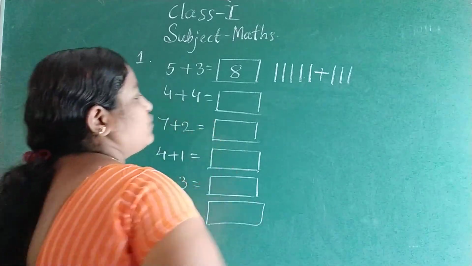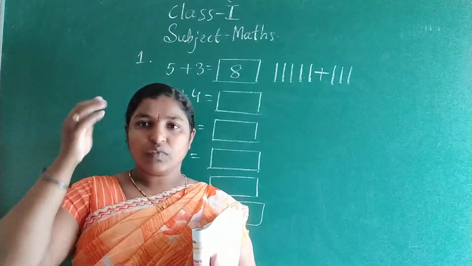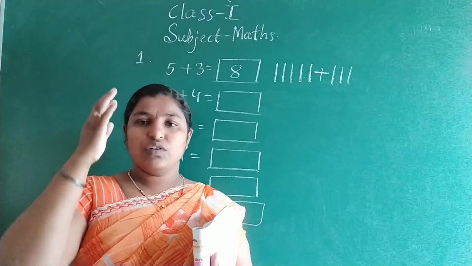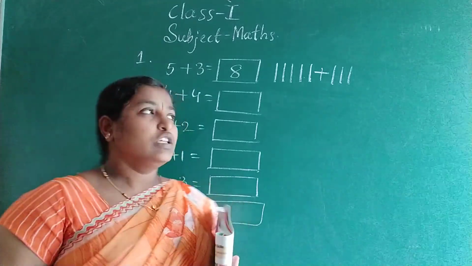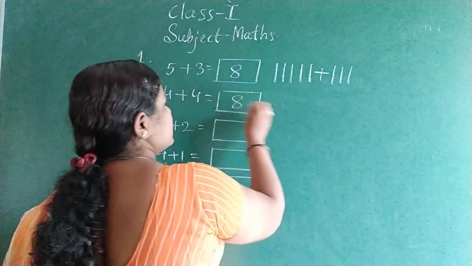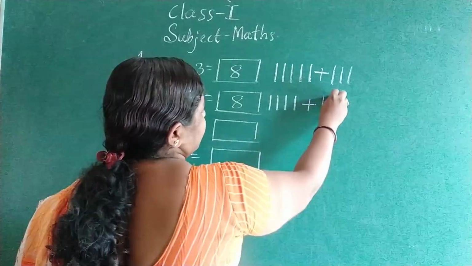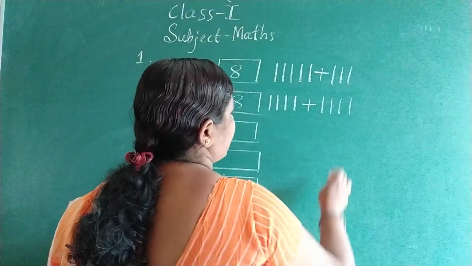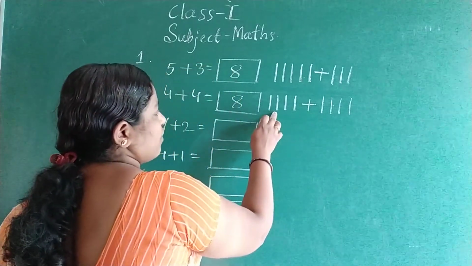Next, 4 plus 4. Keep 4 in your mind, 4 in your hand. 4, 5, 6, 7, 8. So the answer is 8. 1, 2, 3, 4 plus 1, 2, 3, 4. Okay, count all. 1, 2, 3, 4, 5, 6, 7, 8.